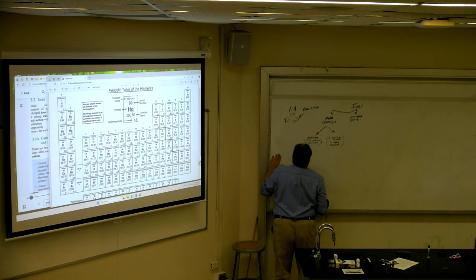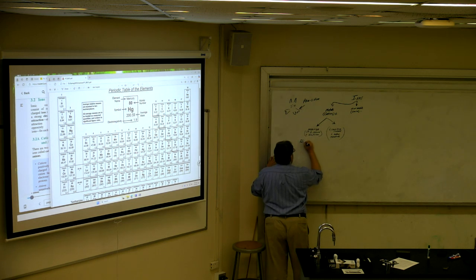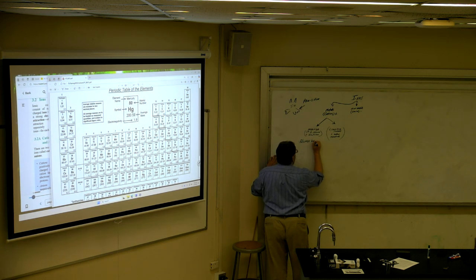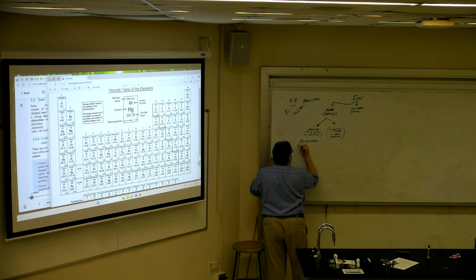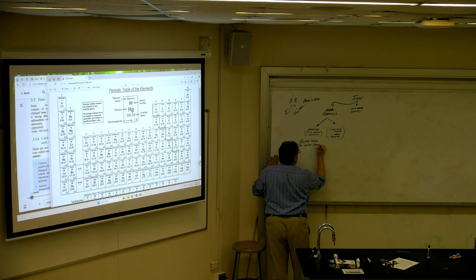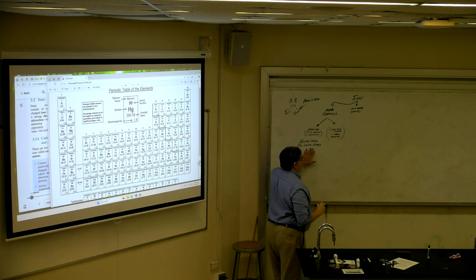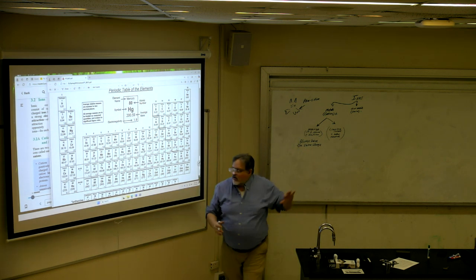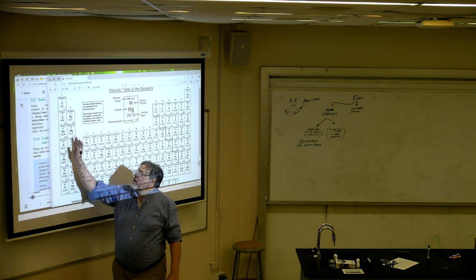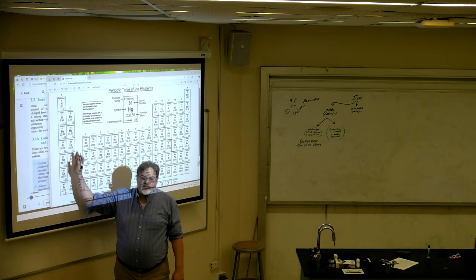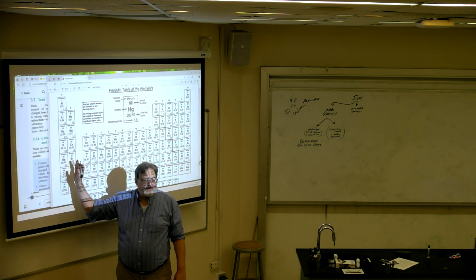And what I'm getting at is, I don't mean same charge with each other. I mean everything from this column will always, if it's an ion, be +2. No exceptions.